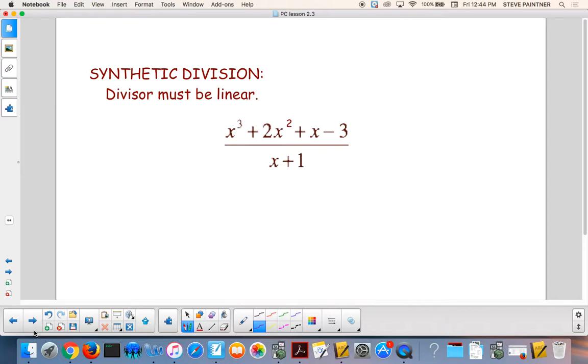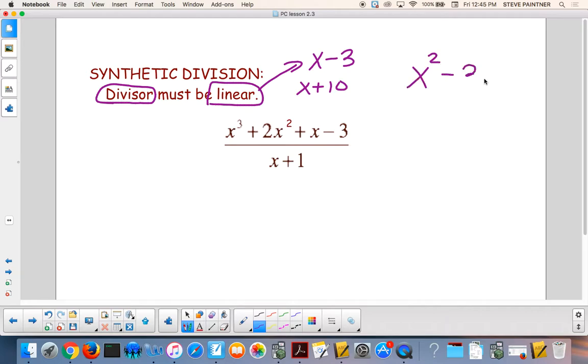You can only do synthetic if x is to the first power. The divisor is linear. Linear means you have to have x to the first. So it's got to be something like this. Divide by this, but not x squared. You can't do synthetic with that.